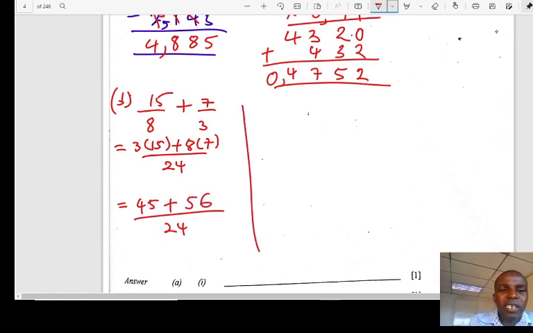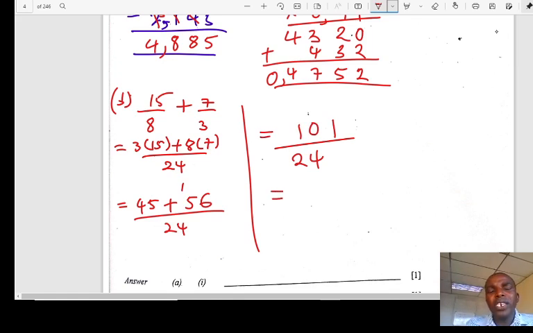Like this. Right? Then you move on to this side. You maintain your denominator 24. 45 plus 56, carry 1. So it's 101. It's 101 over 24.